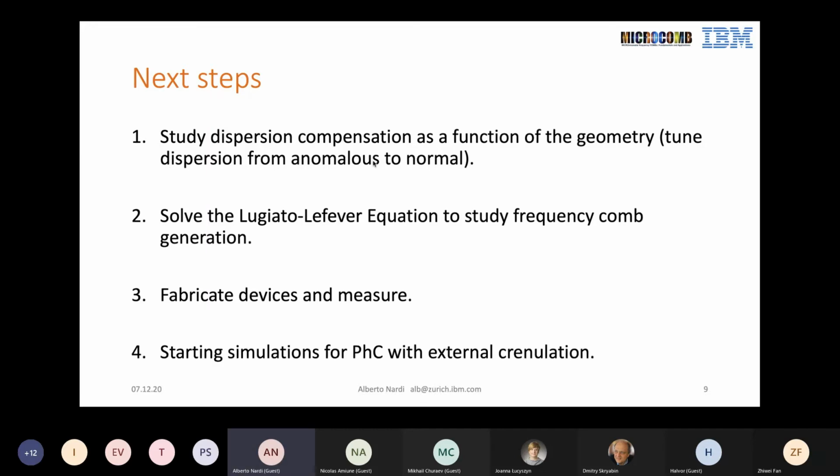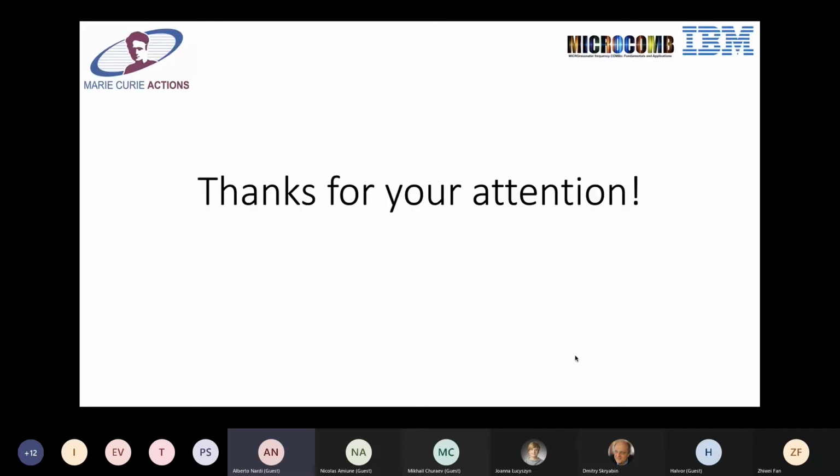At the same time, we have already started this, but we would go on with the simulation of photonic crystals with external corrugation instead of holes, just to have an alternative for the problem about the fabrication. And this is all from my side. I would be glad to answer questions if anyone has any.